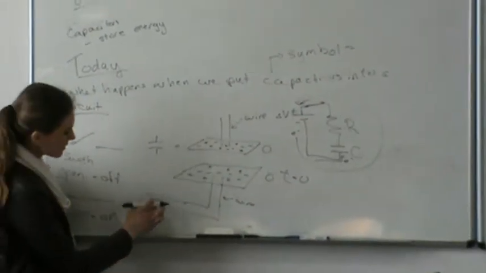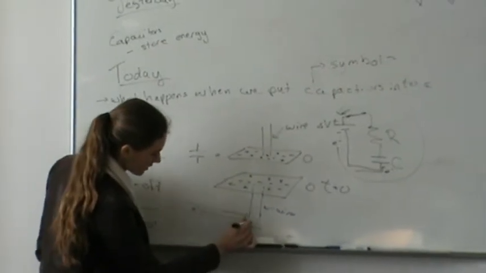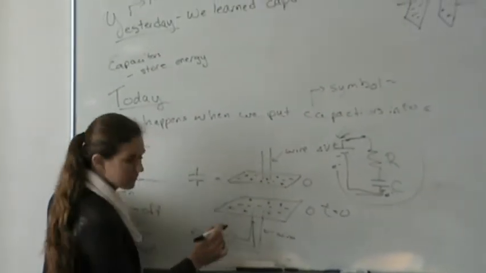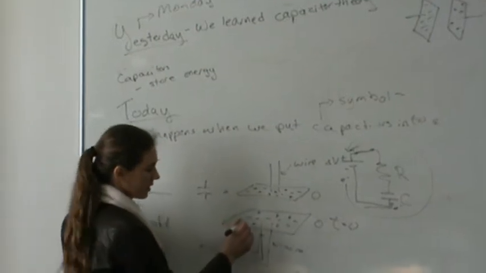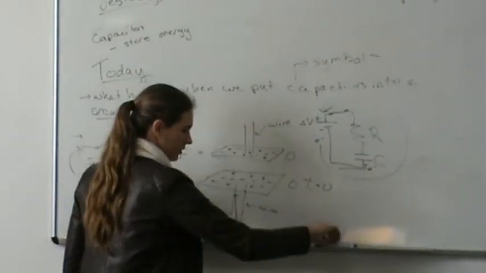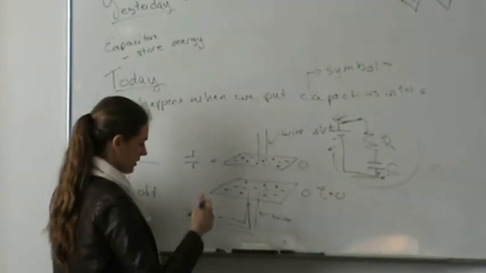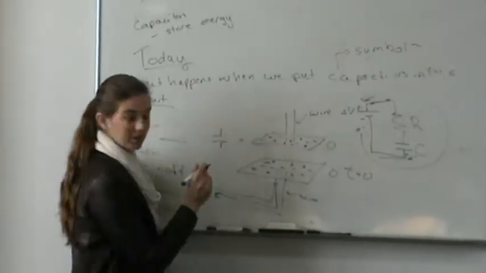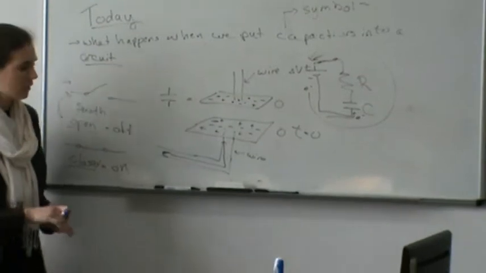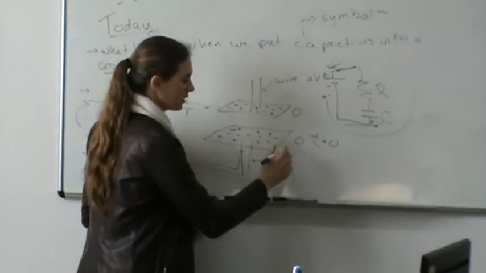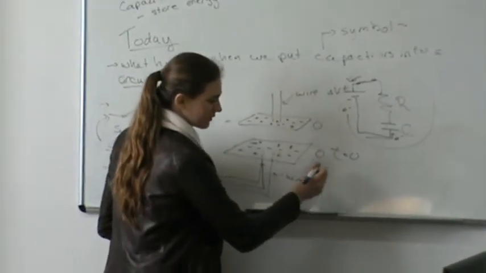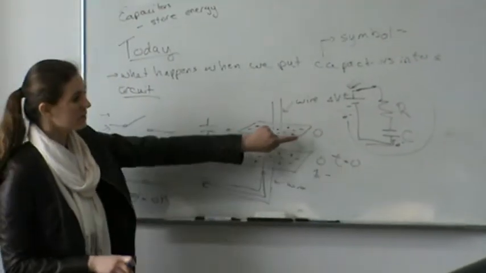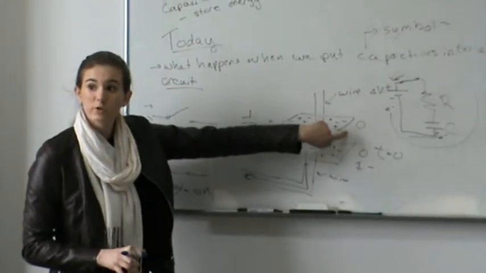So what happens when an electron comes is it comes and you get an extra negative on here. This electron comes and we get a negative on here, right? So now this one is 1 negative, and this one is still 0.